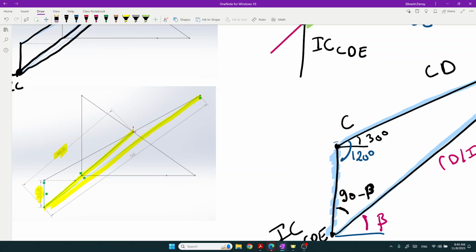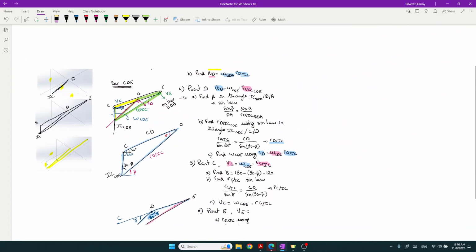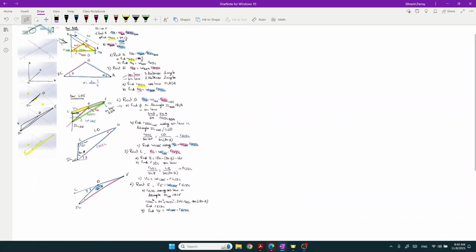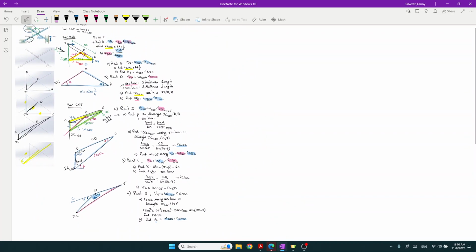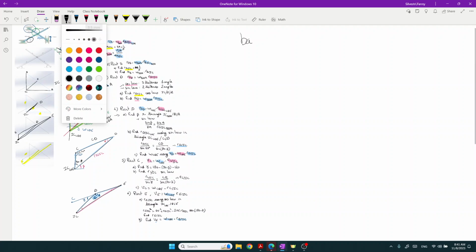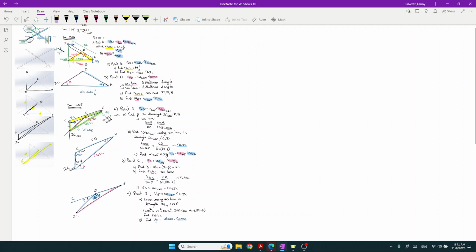Highly recommend it. So let's summarize all those steps a little bit. What we did is we did the bar BDA. It's super zoomed in, so I will try to do a bit bigger bar BDA. We have VA. We found omega BDA.